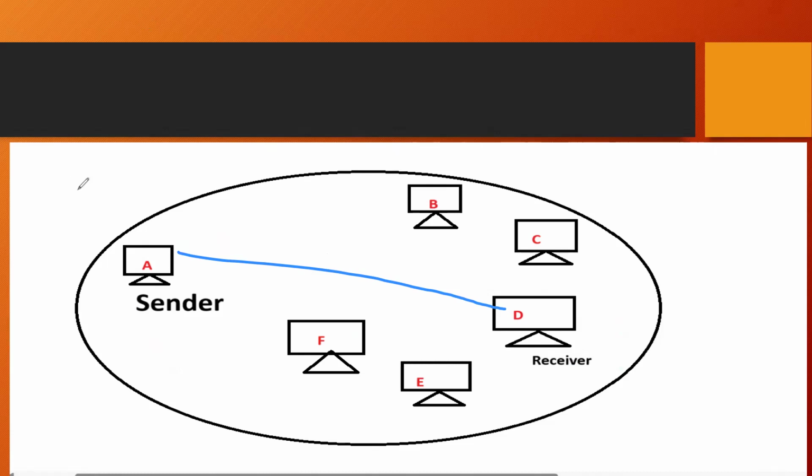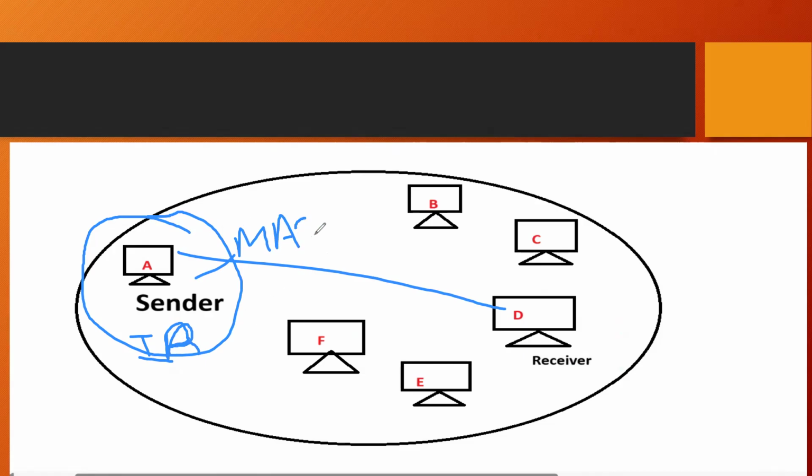So what will happen if sender A has only the IP address but not the MAC address? In this case, this system is not going to communicate with the other machine.